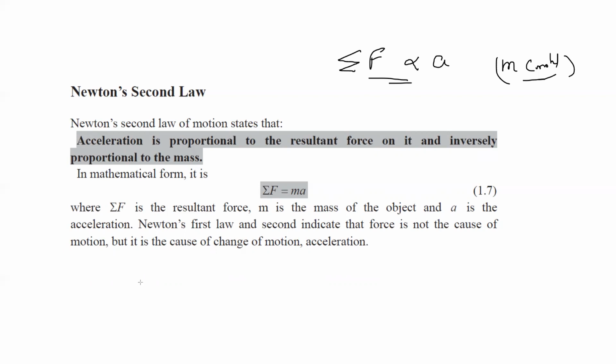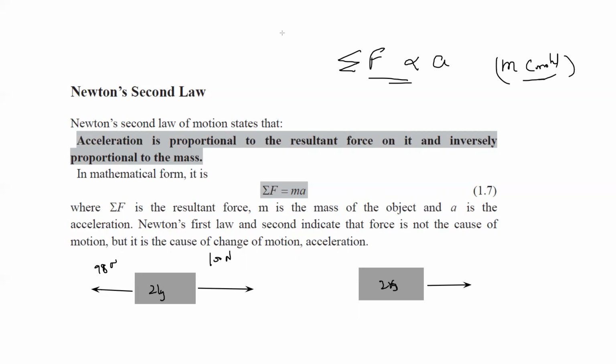So we have two identical objects. Objects have the same mass of 2 kg, experiencing the forces of 100 Newton and 98 Newton, and the other one at 2 kilogram is experiencing a force of 10 Newton and 3 Newton.